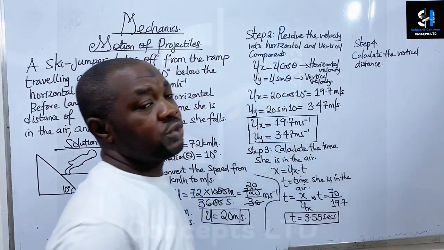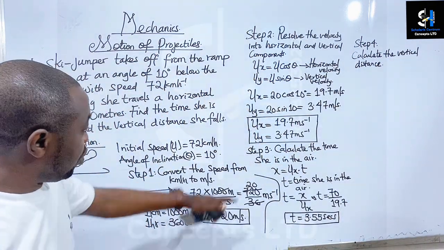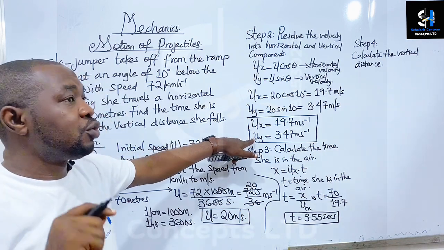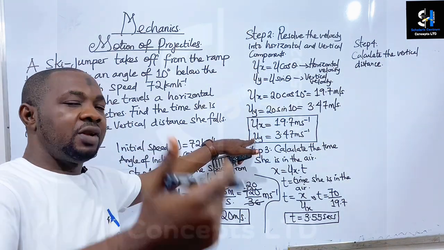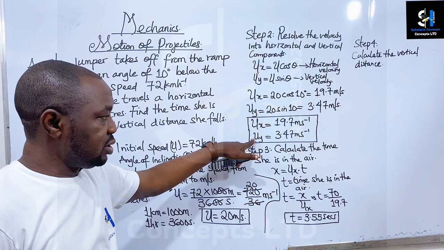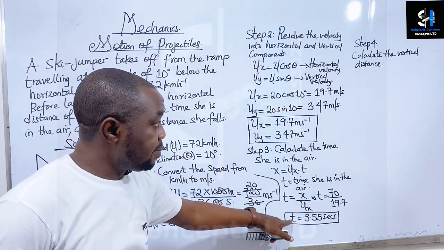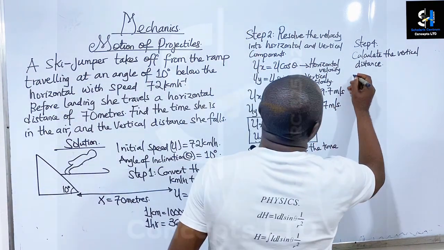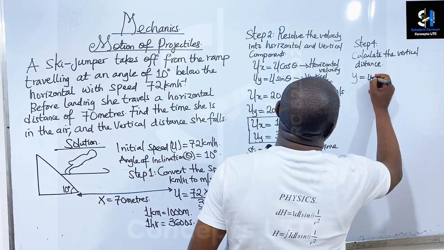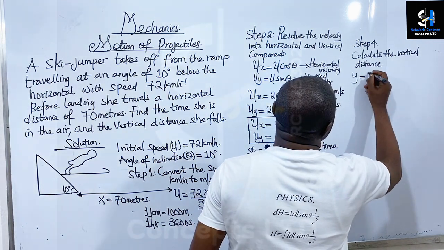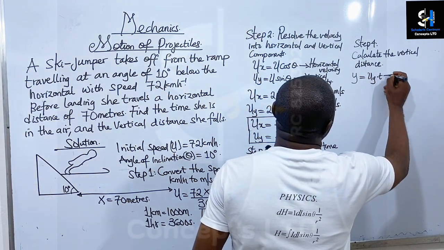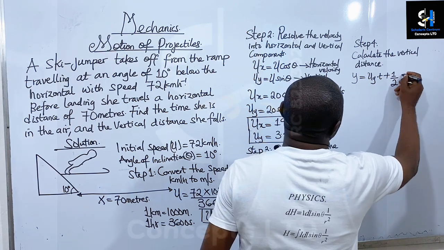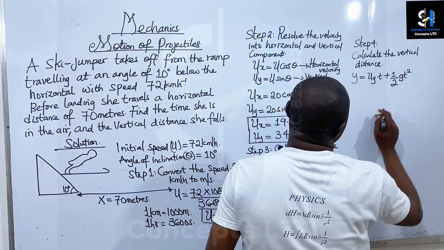To calculate the vertical distance, we have the vertical initial velocity, and we know the time. So we can make use of y equals ut plus 1/2 gt squared.